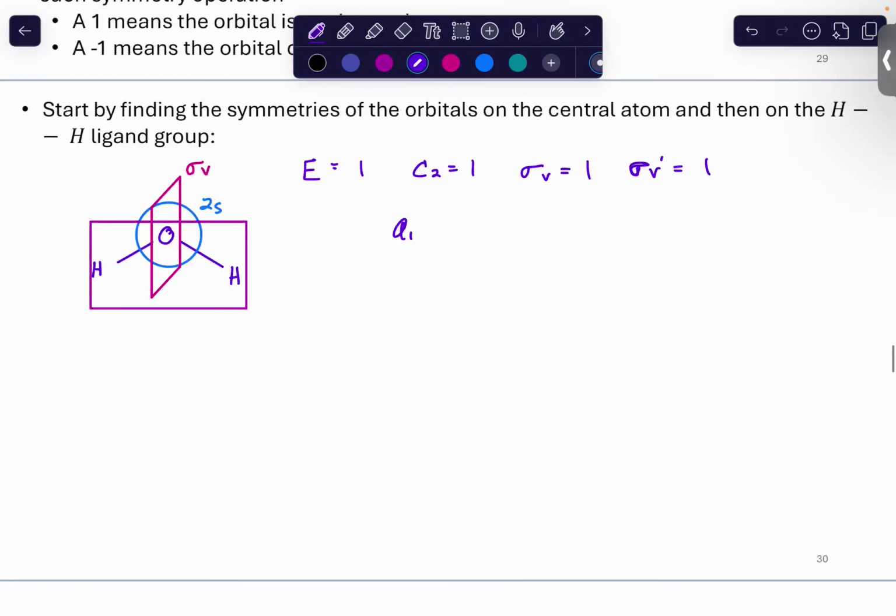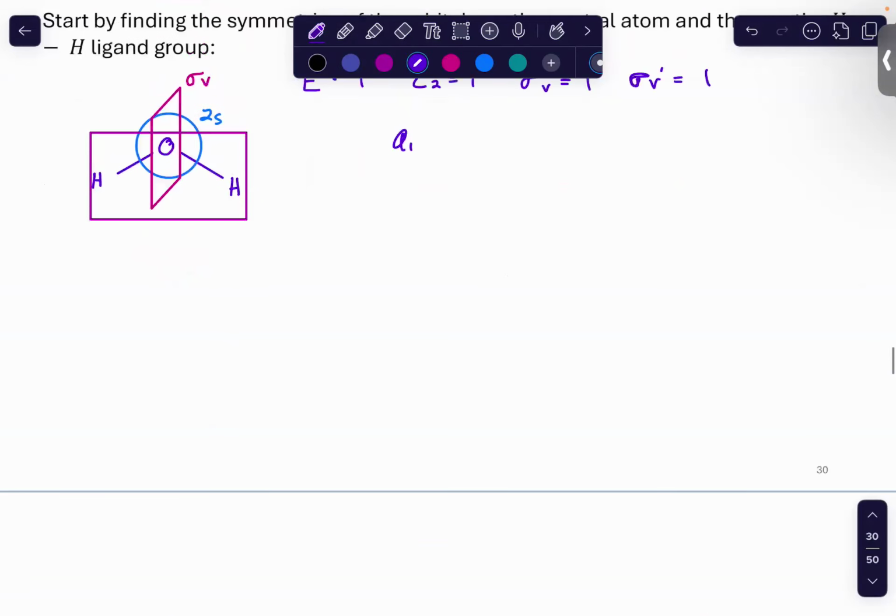Now let's look at the PZ orbital. Tell me real quick, which way do you think the PZ orbital is going to point? It's going to be up and down. Yeah, because remember the z-axis is going to align along that principal rotation axis.